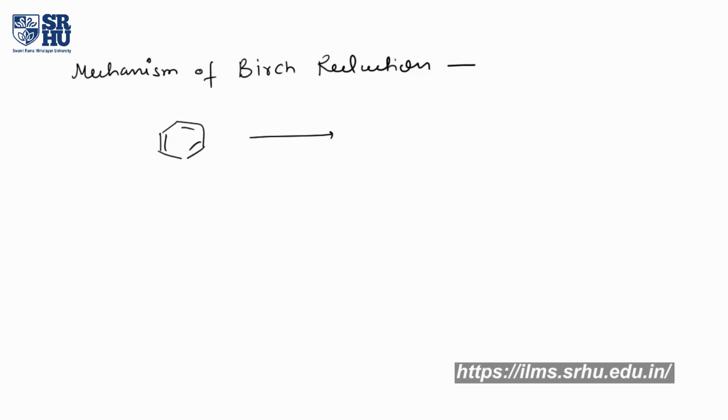So now we study the mechanism of Birch reduction. Let's take a very simple example where a benzene ring is converted into cyclohexadiene in the Birch reduction.